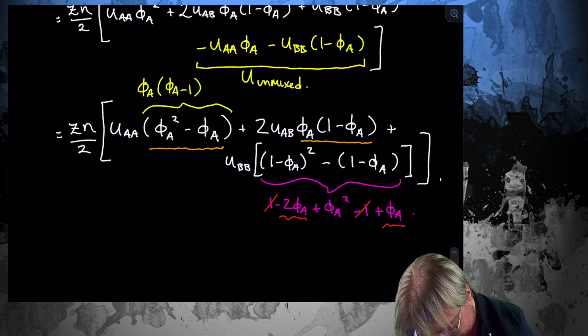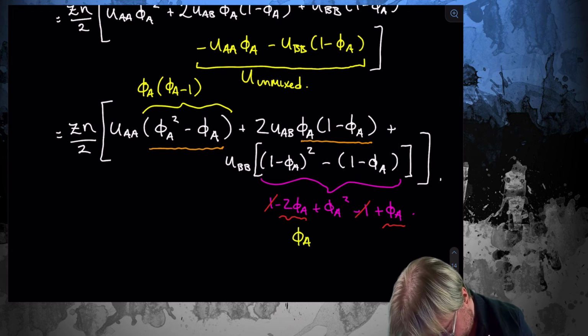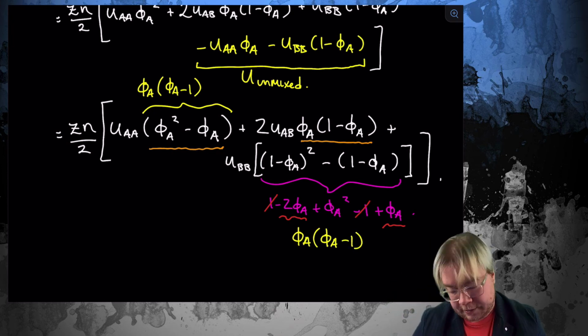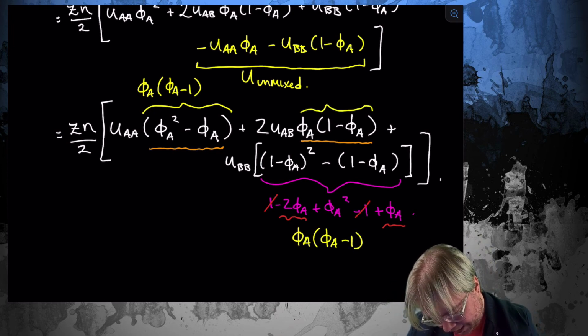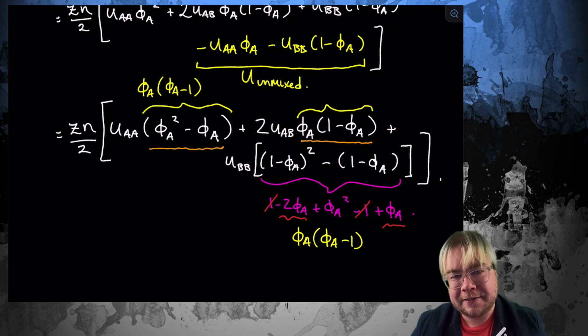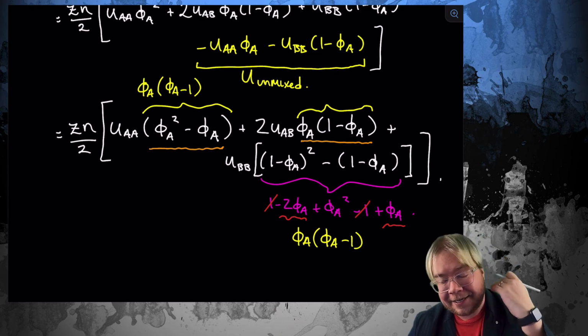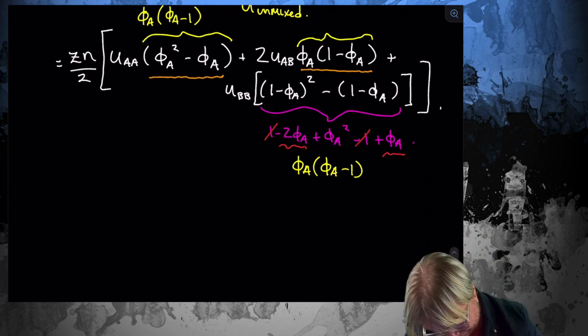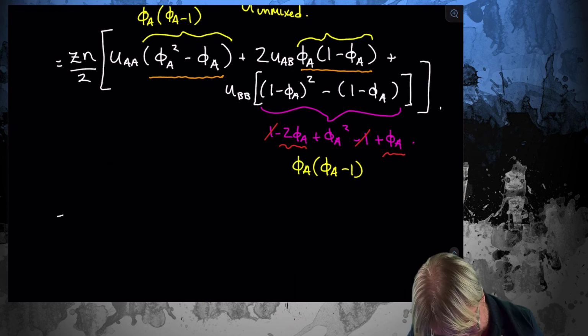And down here, I'm going to get the same thing, phi A times phi A minus 1. And notice that this term is phi A times 1 minus phi A. So one of them has an opposite sign. This is why you don't skip steps.